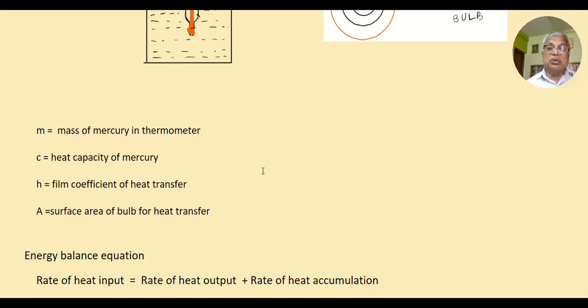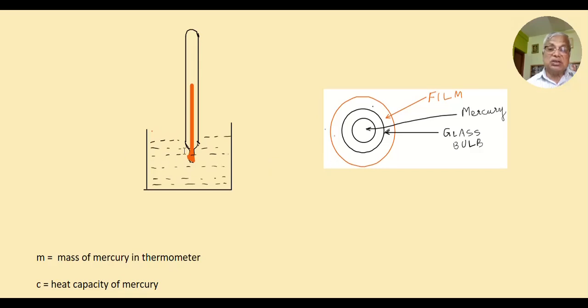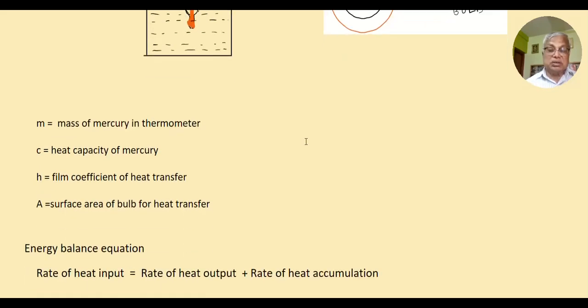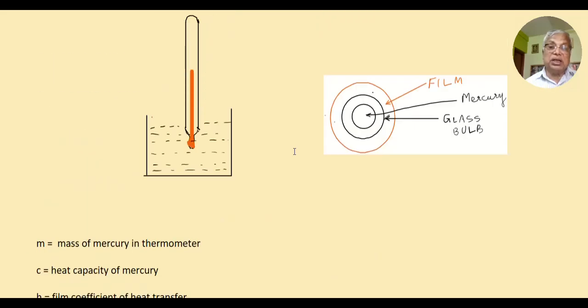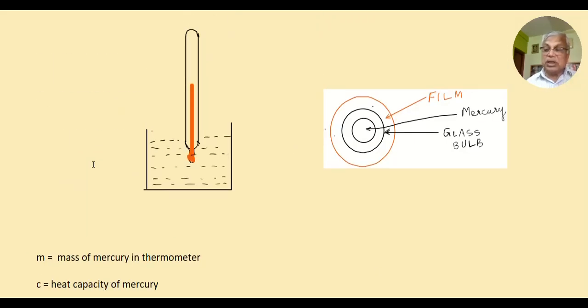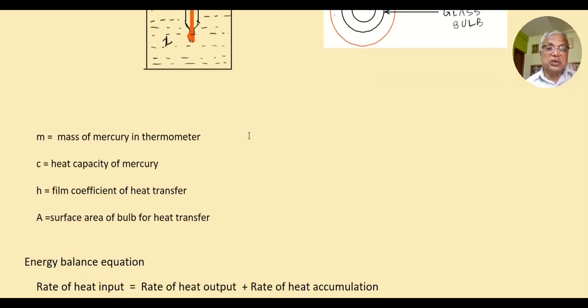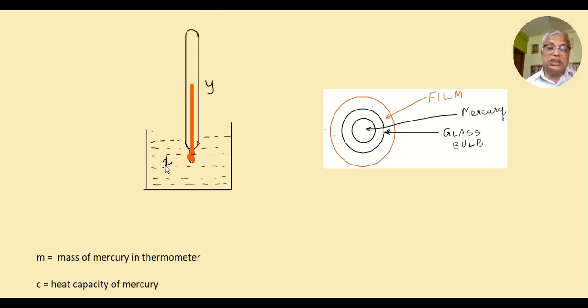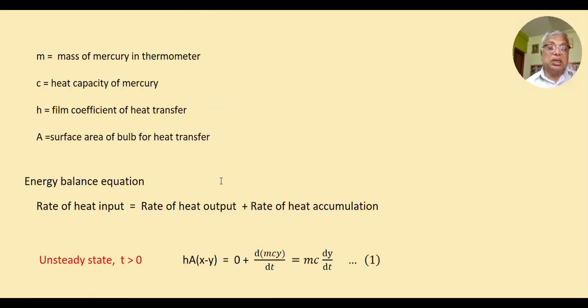So what is the heat input? Heat is transferred across this bulb. It's a convective heat transfer. The convective heat transfer flux is H into A into delta T. Here delta T is X minus Y. Heat transfer takes place with a temperature difference of X minus Y, where X is the bath temperature and Y is the mercury temperature.